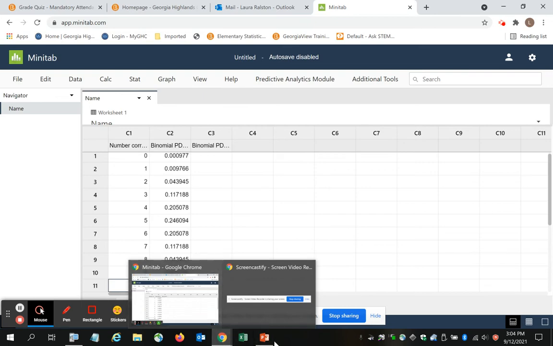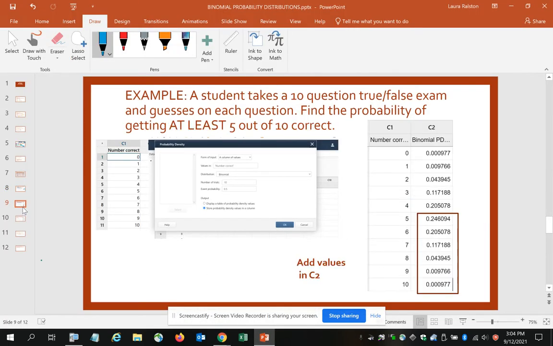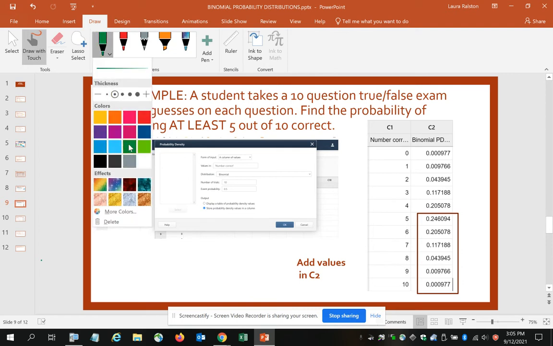All right, let's look at another one. It's the same question, but instead of exactly 5, this one asks, what's the probability of getting at least 5?